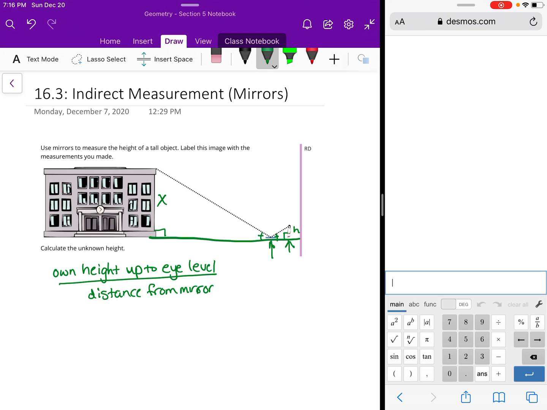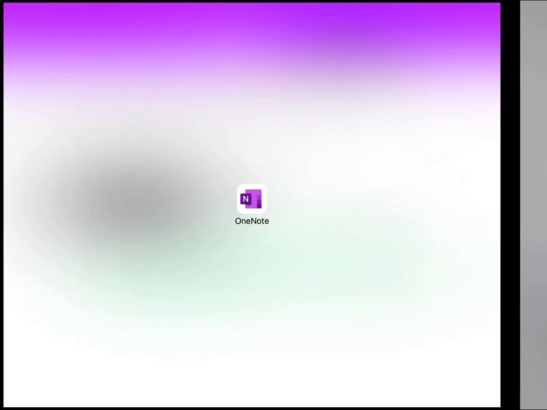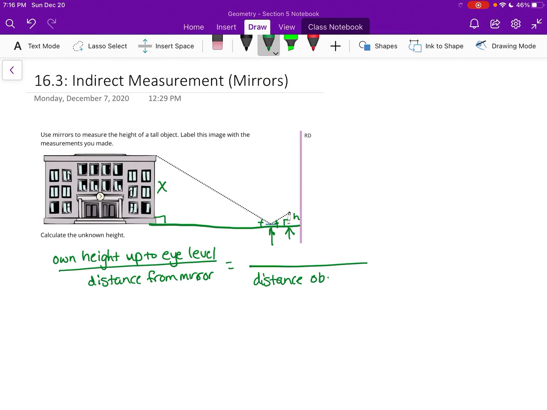We can have somebody measure us up to our eye, and then we can measure our distance from the mirror. Then we can also measure the distance the object is from the mirror. And that will give us the height of the object.